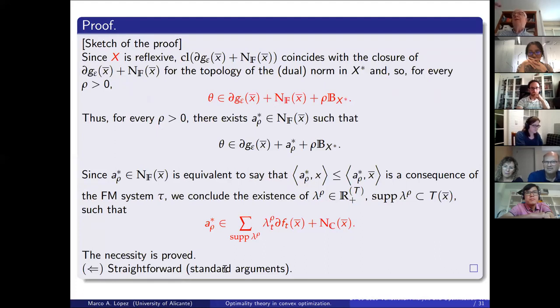No, okay. In this case, when I put here the converse implication, this is straightforward because it uses standard arguments. It's true, but it's not trivial. And so this is an equivalence. If I replace rho by epsilon, one implication is true, the other not. Okay, you see?